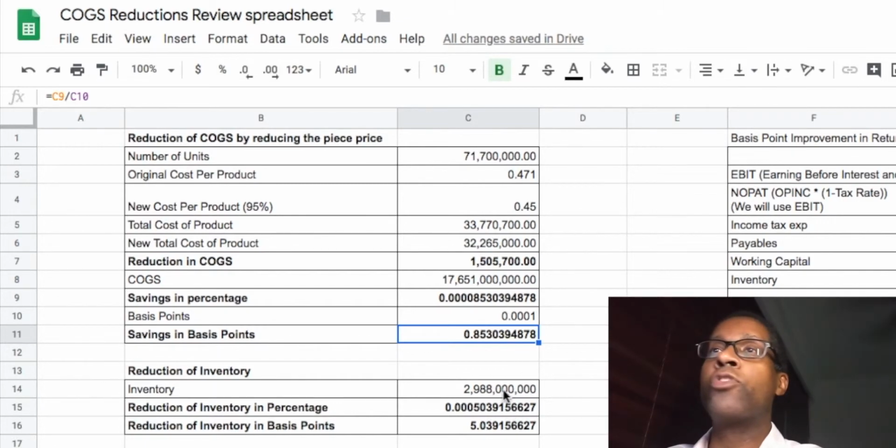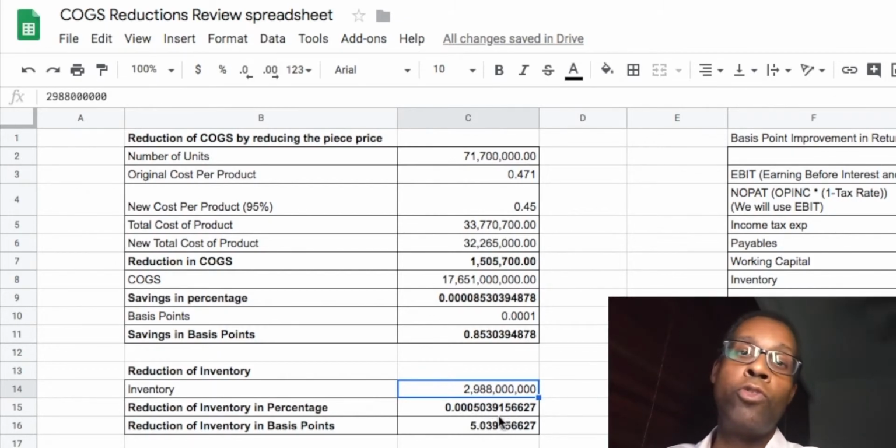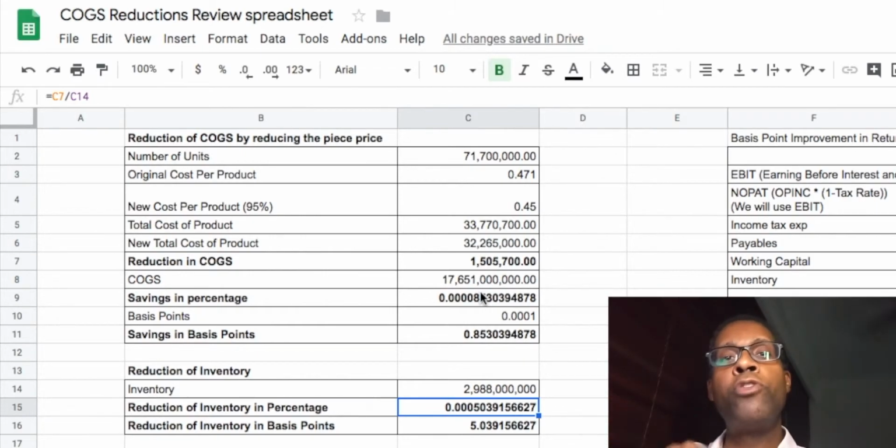What would it mean in terms of a reduction in inventory? Well, this has a little bit larger impact. The total inventory is 2.9 billion. Let's round it to 3. And that 1.5 million, because I was able to reduce it in terms of piece price, if I had 0 inventory at the beginning of the year and I went and produced all the pieces, I could avoid spending $1.5 million.